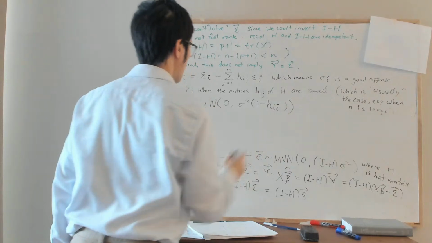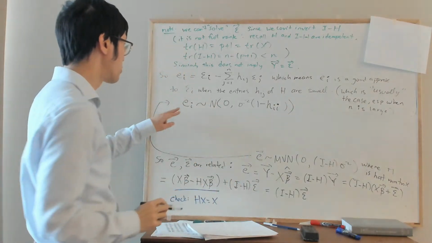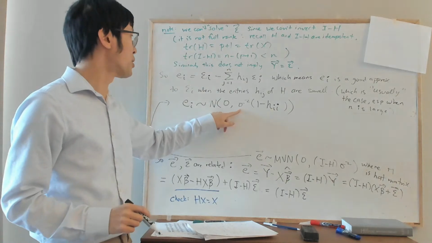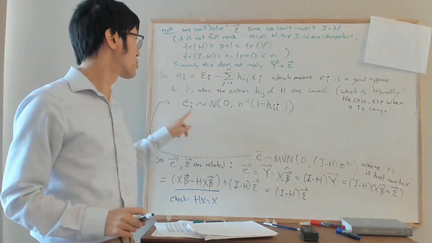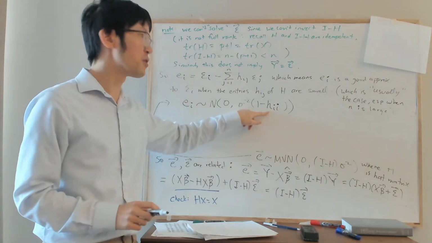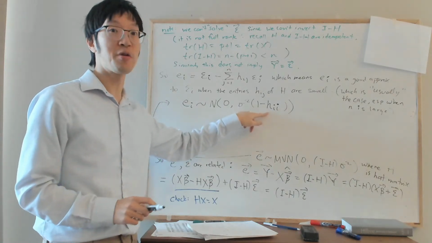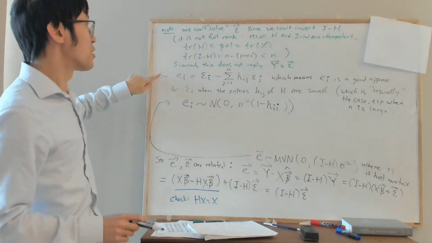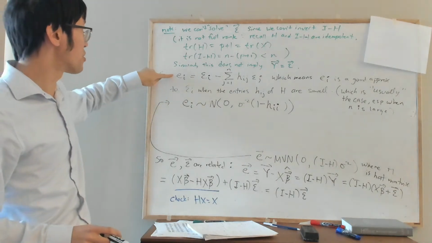Okay, so that's the distribution of an individual residual. You notice that this is slightly different from the distribution of epsilon i, which would simply be sigma squared. There's this adjustment factor here, based on the hat matrix. This confirms the earlier point.